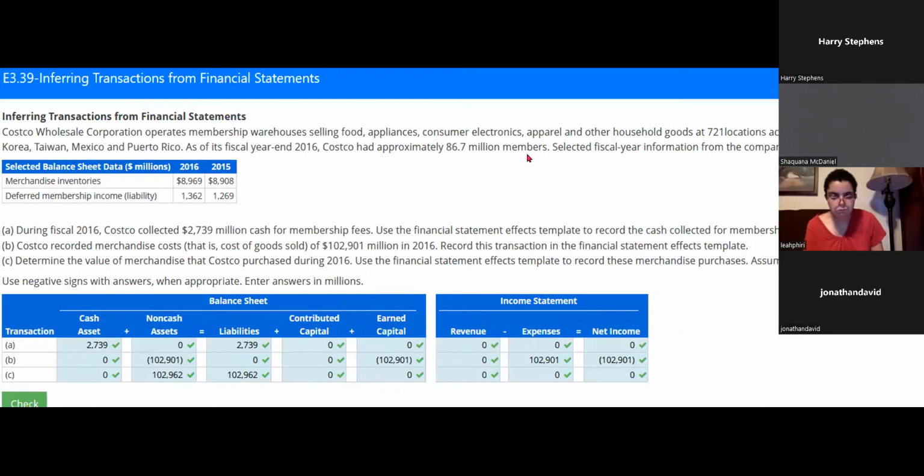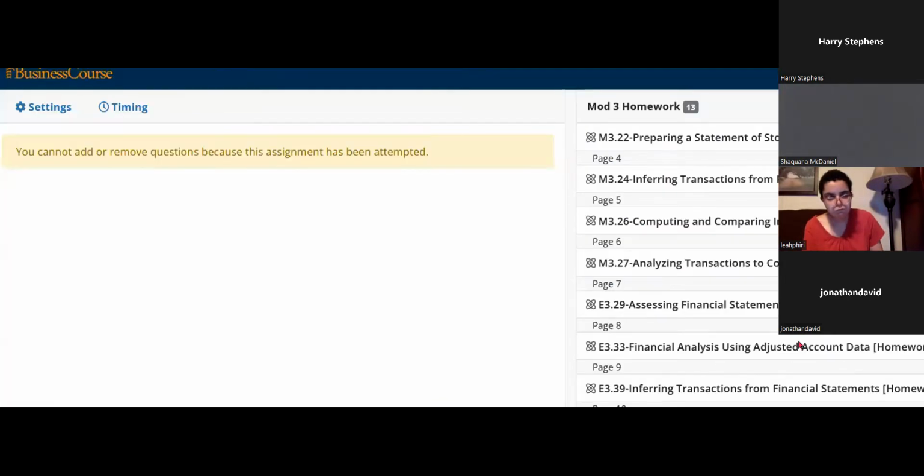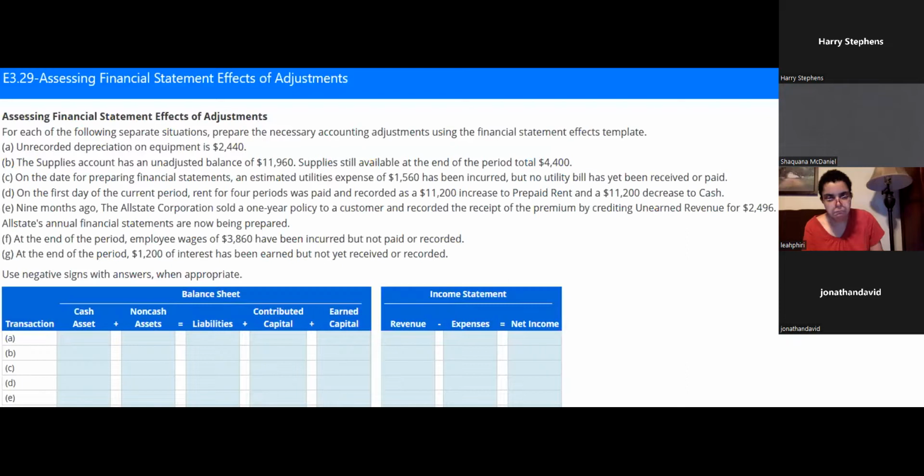Let's go to question 7, adjustments. So here's a whole bunch of transactions, A through G. We actually did some of this last week too. If you recall, there was a question to that effect.